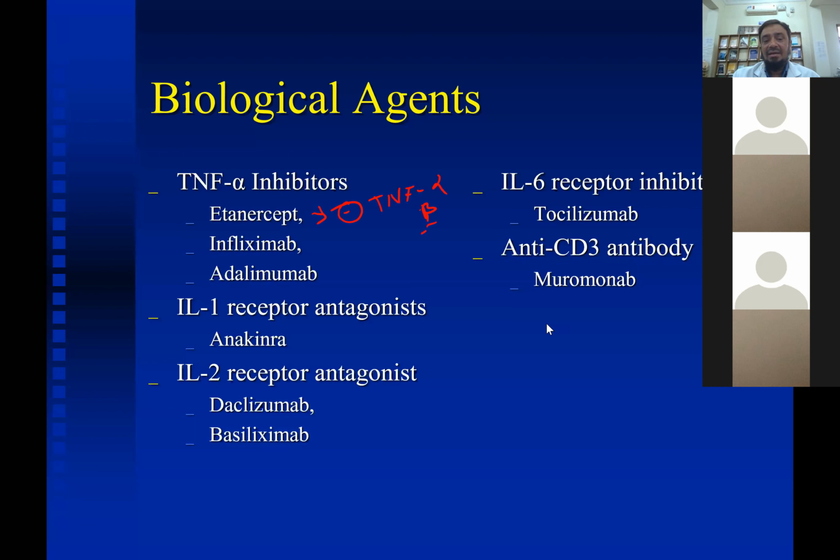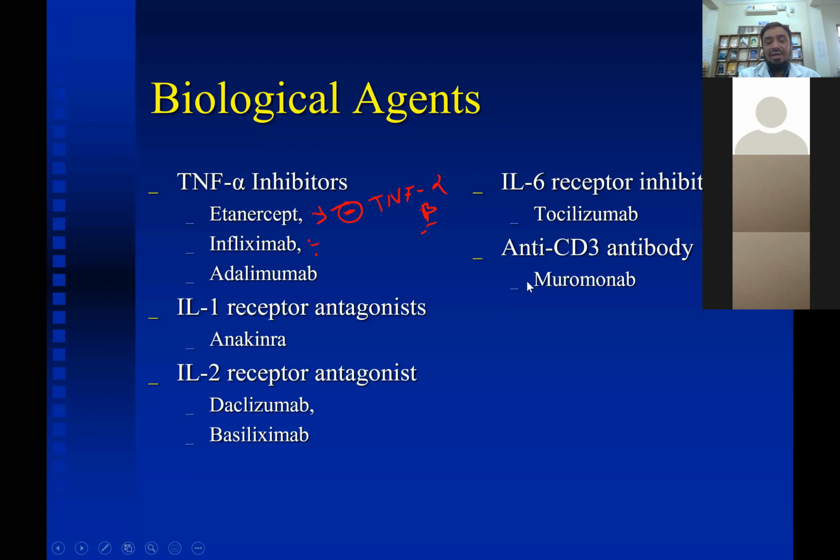And that is why it is not so much preferred, because by inhibiting the TNF beta, it will again cause the stimulation of the T cells, and it is not a good drug. Infliximab is selective for TNF alpha, and adalimumab is the newer drug.